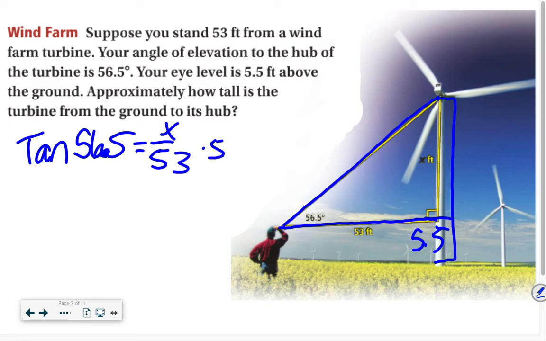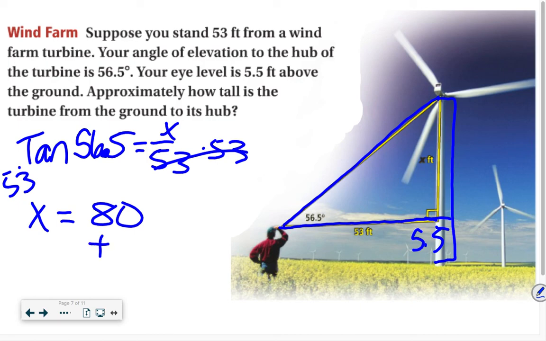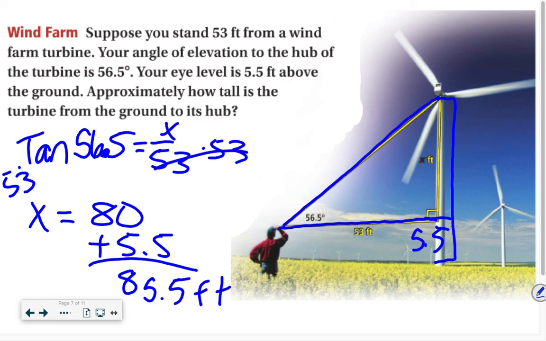So 53 times the tan of 56.5 is 80.21. So 80? Is that my answer? No, so it's plus 5.5, 85.5. Add the height of my person, or eye, or whatever. So I have 85.5 feet is how tall my wind turbine is. I didn't lie, it wasn't bad, right?